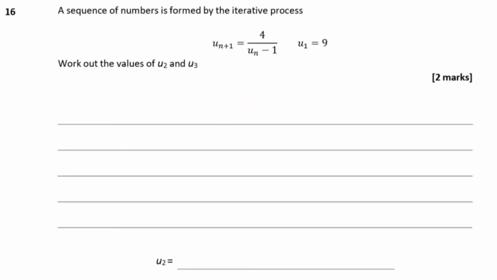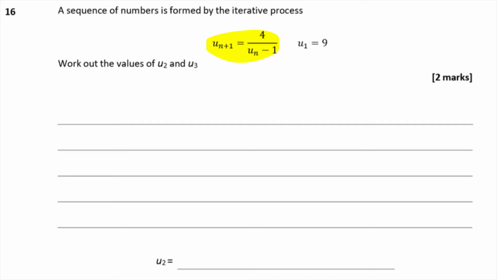Question 16. A sequence of numbers is formed by the iterative process u(n+1) is equal to 4 over u(n) minus 1, where u1 is equal to 9. And we need to work out the values of u2 and u3. Now what we've got here is a term-to-term rule given algebraically, isn't it?